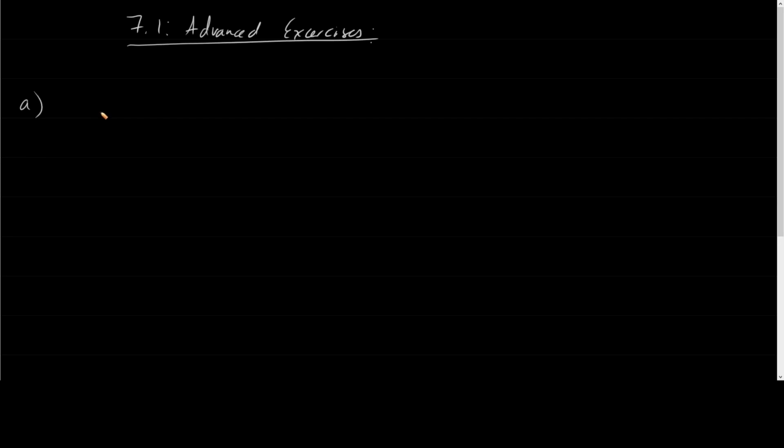Let's say, for example, I have the function f of x is equal to 3x plus 2 over x squared plus 9, and I want to find the area under that curve from 0 to 5. All right, so here we go.